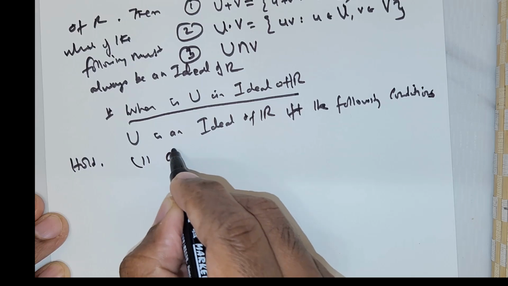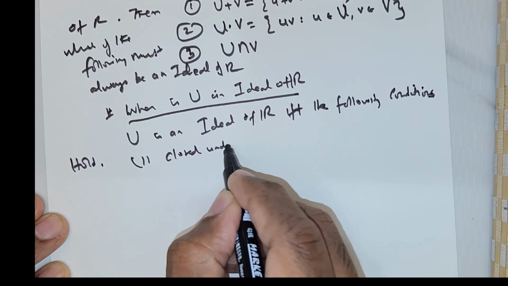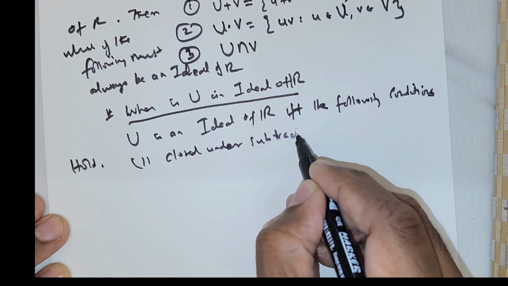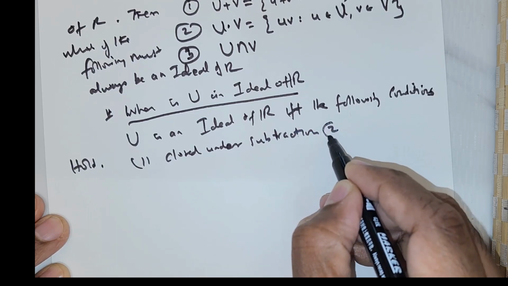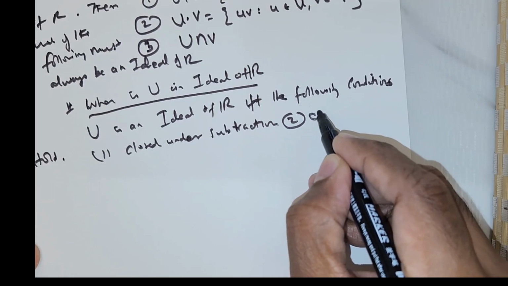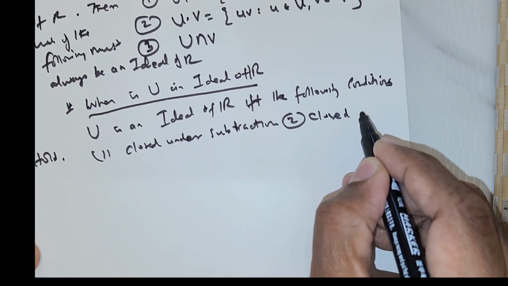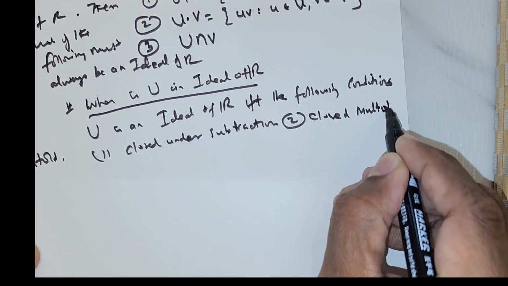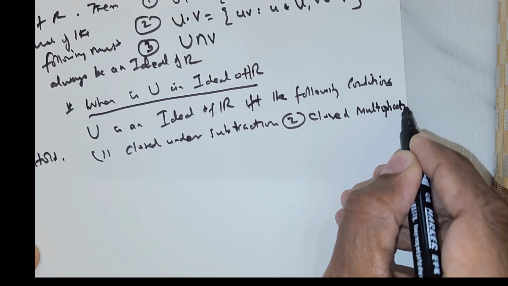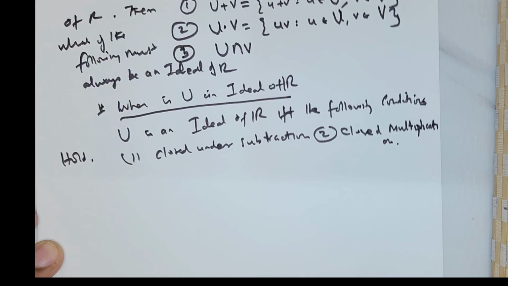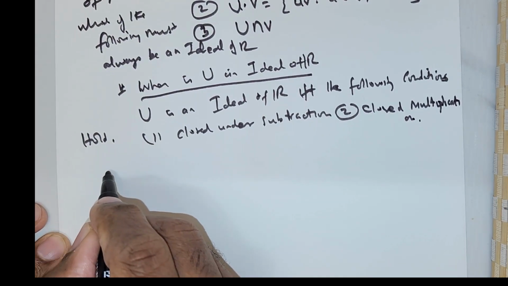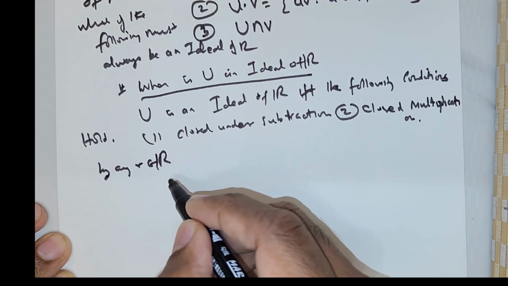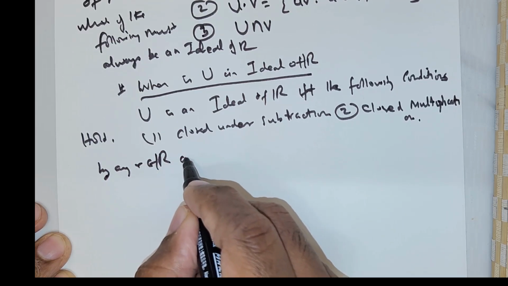So condition number 1, closed under subtraction. Condition number 2 is closed under multiplication by any element r of capital R on both sides.